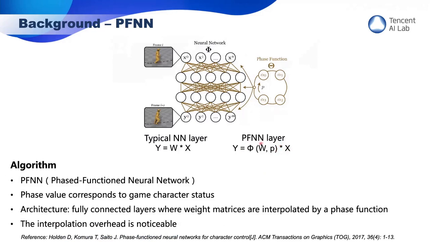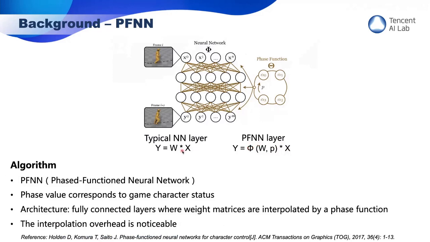The phase function is conducted on the weight matrix and accepts a phase value as its input. The phase value corresponds to the game character status. For example, when the character steps on the left foot, it has a phase value. When it is on the right foot, it has another phase value. So when the phase value changes, the weight matrix will be interpolated to the right one.